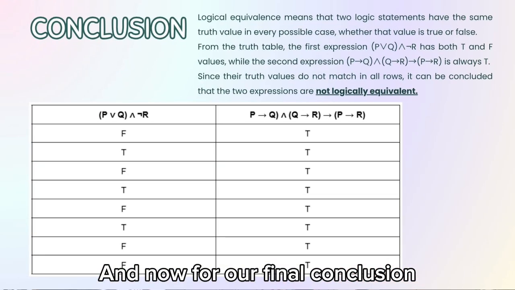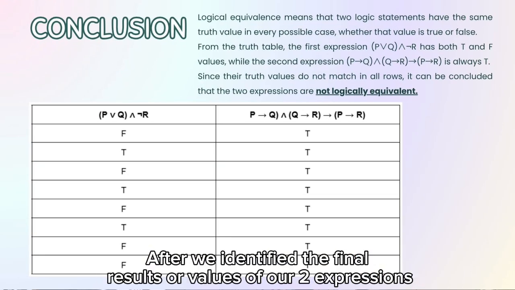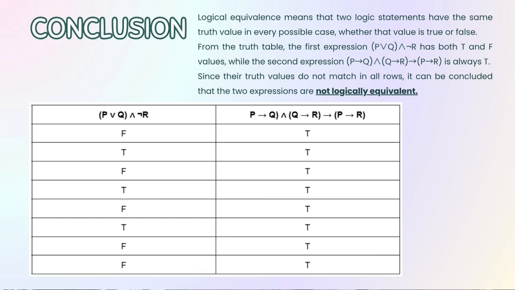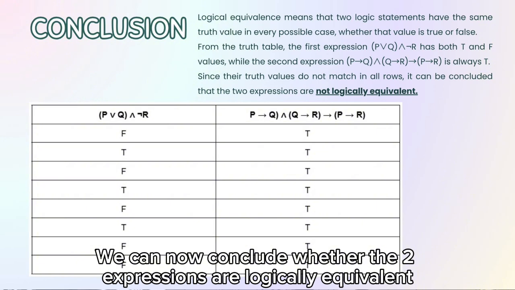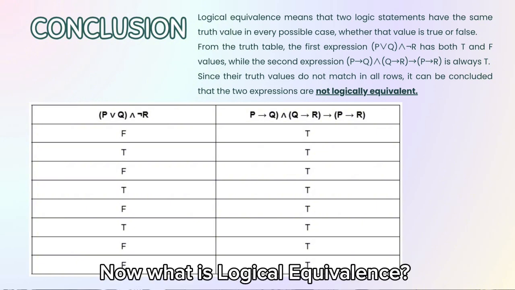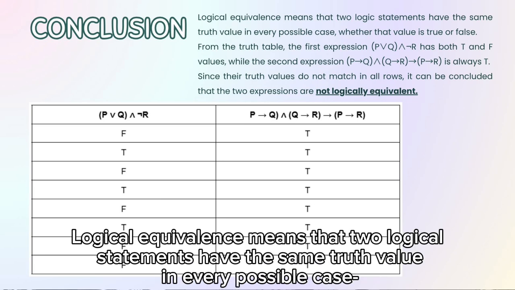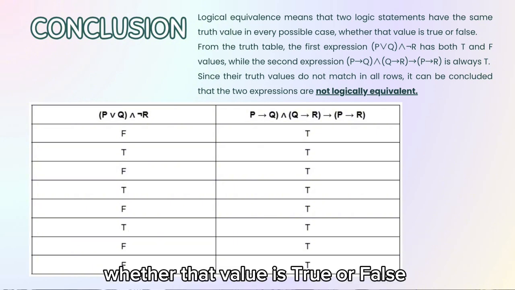And now for our final conclusion. After we identified the final results or values of our two expressions, we can now conclude whether the two expressions are logically equivalent. Now, what is logical equivalence? Logical equivalence means that two logical statements have the same truth value in every possible case, whether that value is true or false.